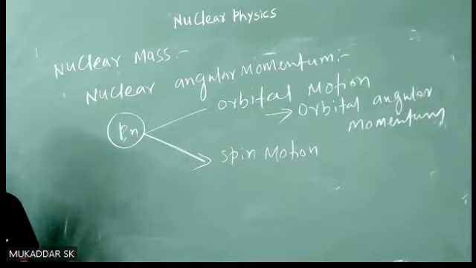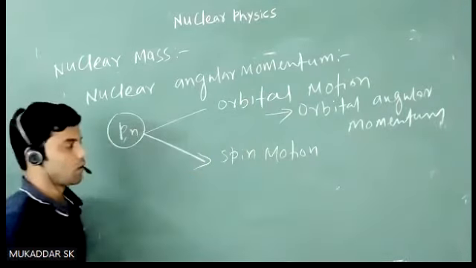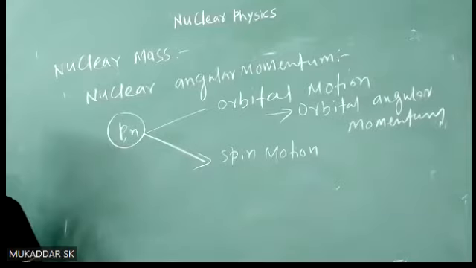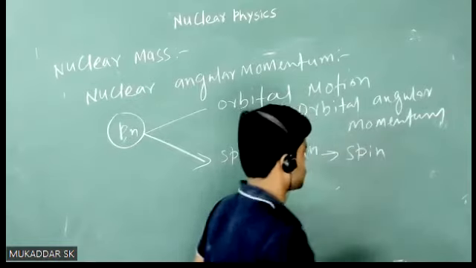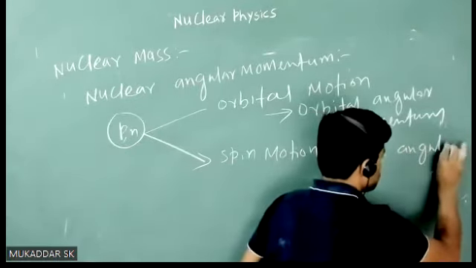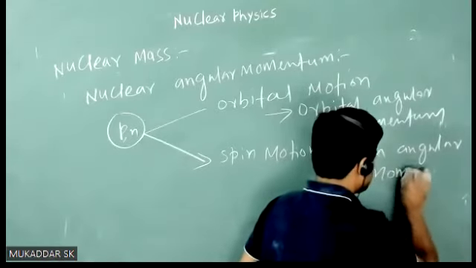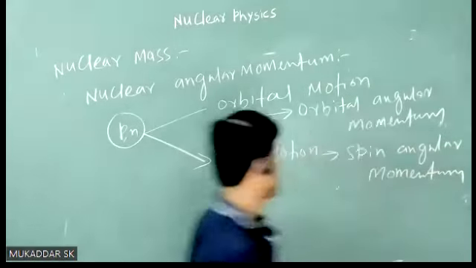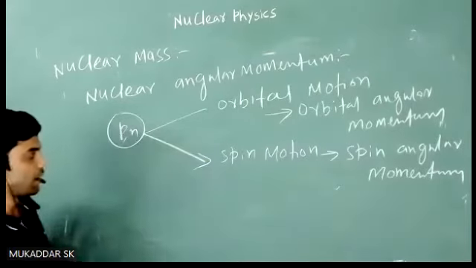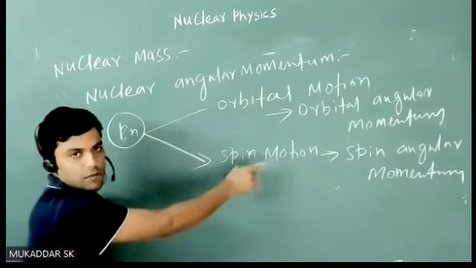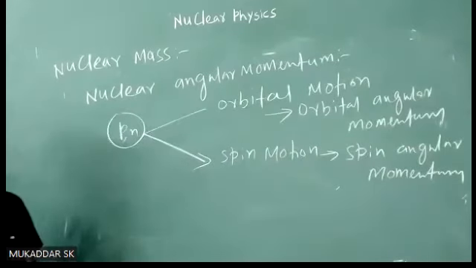Yes. Each nucleon, meaning all the protons and all the neutrons inside the nucleus, has orbital motion, which gives you orbital angular momentum. Each one also has spin, and the spin gives you spin angular momentum. So each nucleon will have orbital motion, which provides orbital angular momentum, and each nucleon will have some spin, which provides spin angular momentum.